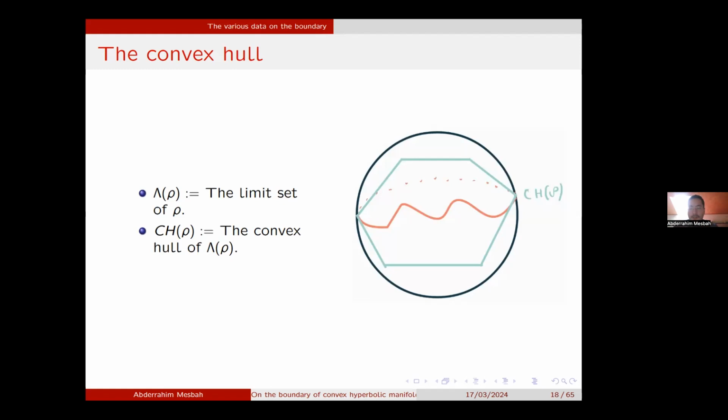So here we define the convex hull. The convex hull is what you get when you join your set by all the possible geodesic segments, exactly as the Euclidean convex hull. Here we take a quasi-Fuchsian representation, we take its limit set, and we take the convex hull of the limit set.